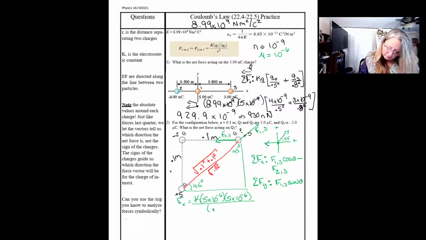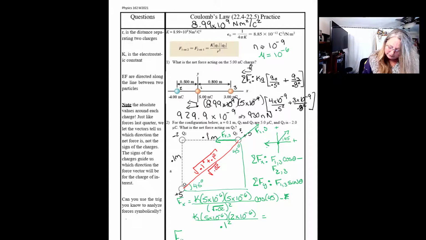So square root of 0.02 squared and times cosine of 45. Cool. Then minus K times 5 times 10 to the negative 6 times the other charge, 2 times 10 to the negative 6, and over that distance, 0.1 squared. We'll just put that into our calculator.